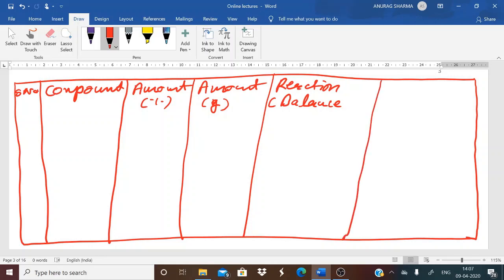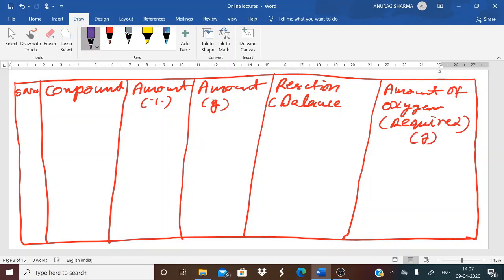Last is the amount of oxygen required for complete combustion, and unit in gram. So this is the table. Here we have 5 values.